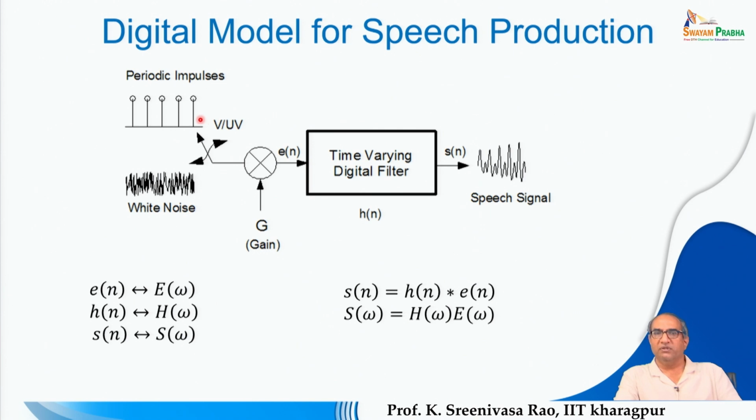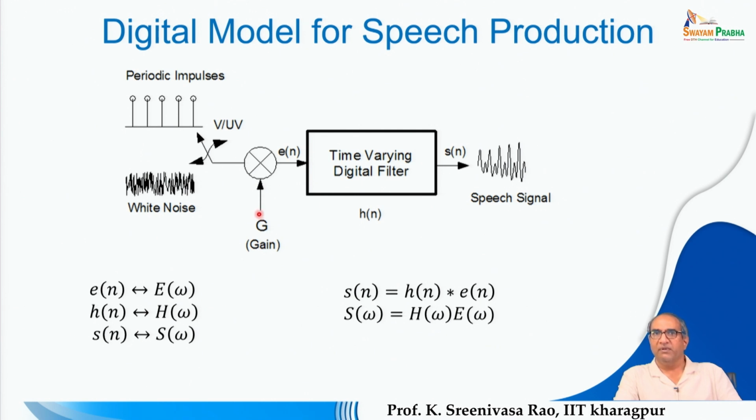You can see this is the overall speech production system. You have the excitation either from the voiced excitation or from the unvoiced excitation, or a combination of both, mixed excitation. The excitation will differ based on its strength, represented by the gain.